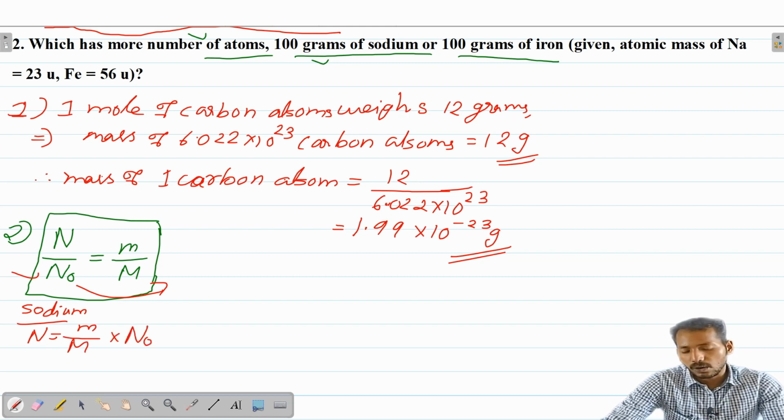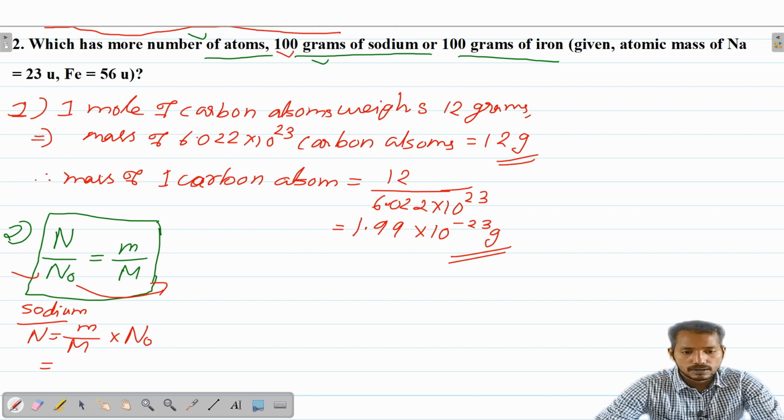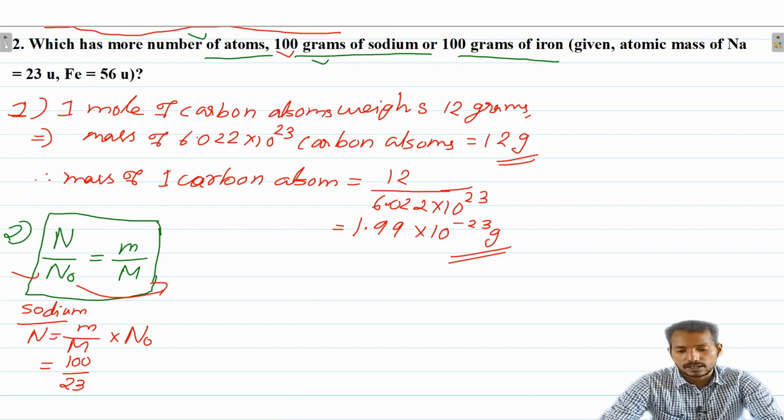Now the given mass of sodium is 100 gram. What is the molar mass of sodium? The atomic mass of sodium is 23, so the molar mass will be 23 gram. Into N0, which is 100 divided by 23, equal to 4.34 into N0.